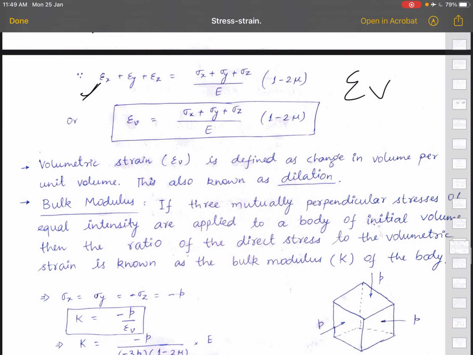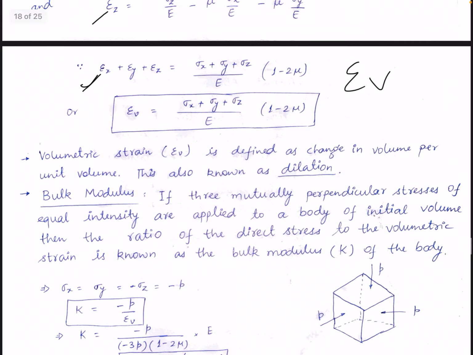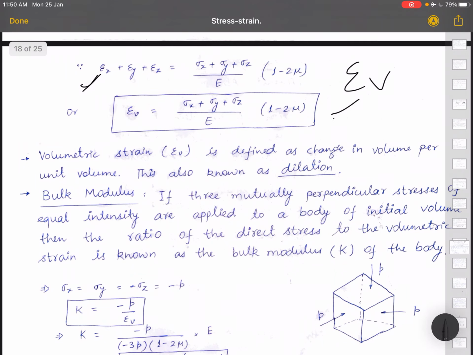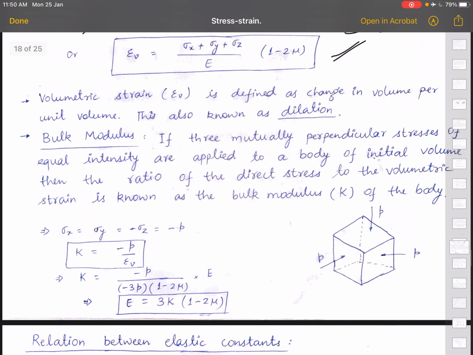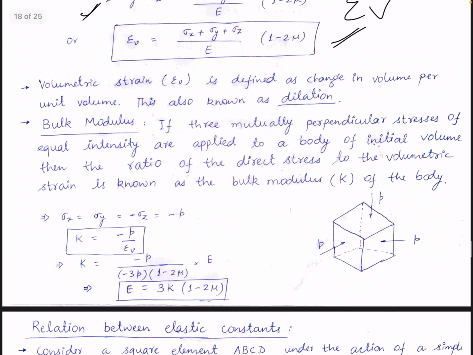So you will get sigma x plus sigma y plus sigma z, multiplied by 1 minus 2 mu upon E. This result also you have to remember. Volumetric strain is defined as change in volume per unit volume. This is also known as dilation.